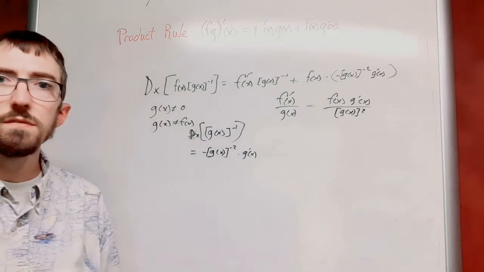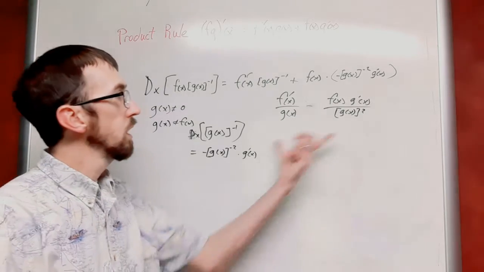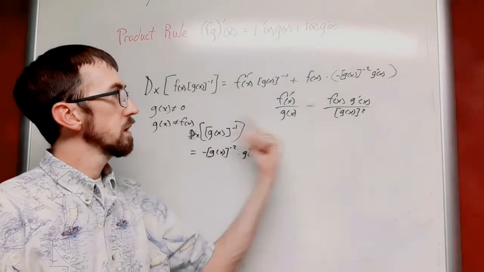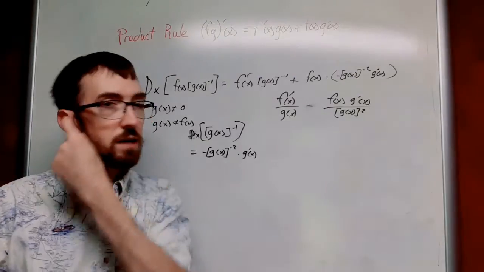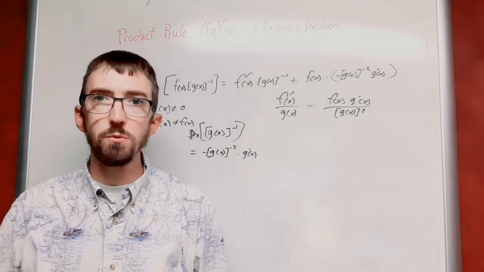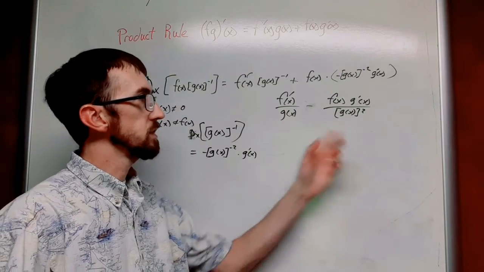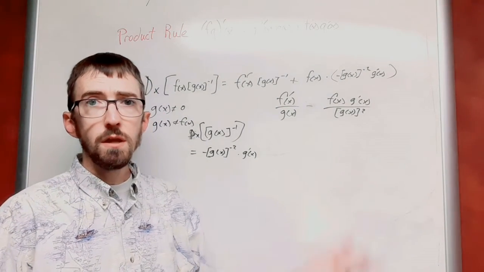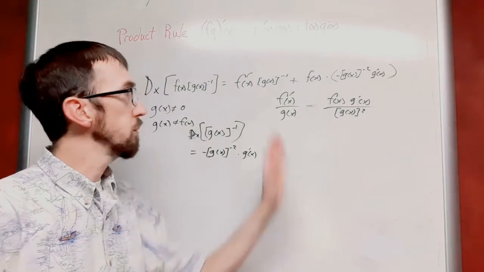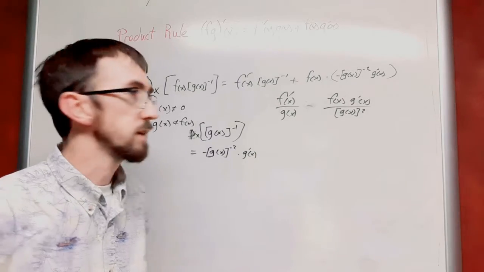All right, so now once we have this in fraction form, we want to subtract our fractions. So we're going to have common denominators. So the thing that's missing from this denominator that this has is another g of x. So we're going to multiply top and bottom here by g of x.